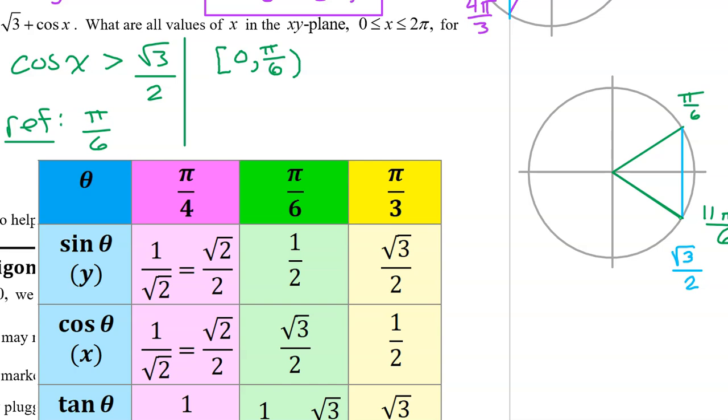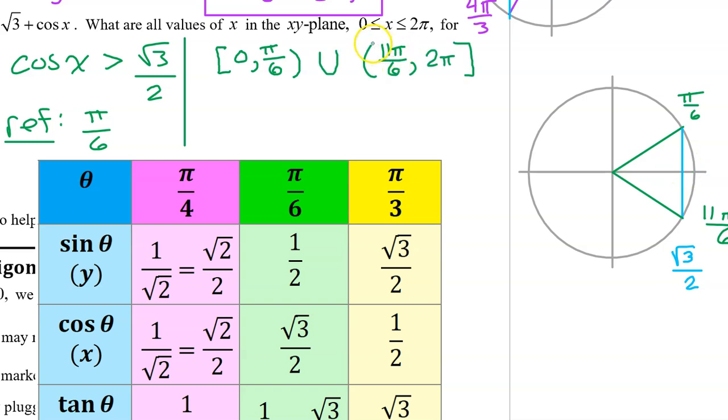At 11 pi over 6, the horizontal displacement is again exactly radical 3 over 2. As we continue past 11 pi over 6, the horizontal displacement is again greater than radical 3 over 2. So we've identified another interval of solutions from 11 pi over 6 to 2 pi.